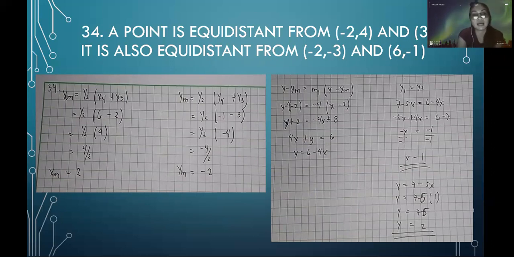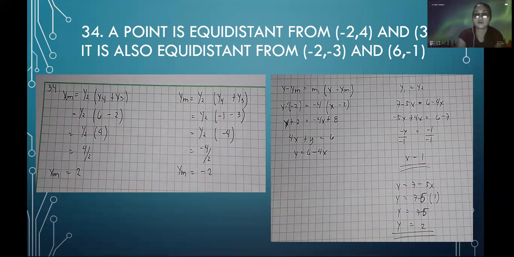So 1/2 times 4 is equal to 4/2. So x sub m is equal to positive 2. And solve for y sub m, same as the formula of x sub m. So 1/2 times (negative 1 minus 3) is equal to 1/2 times negative 4, which is negative 4 over 2. So y sub m is equal to negative 2.